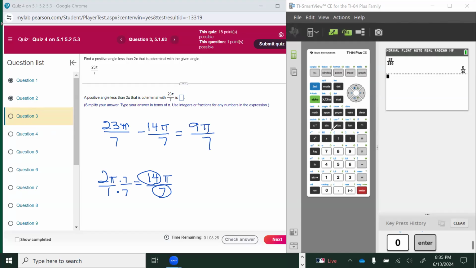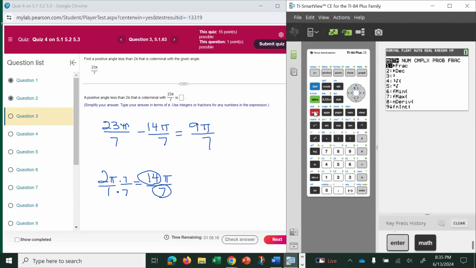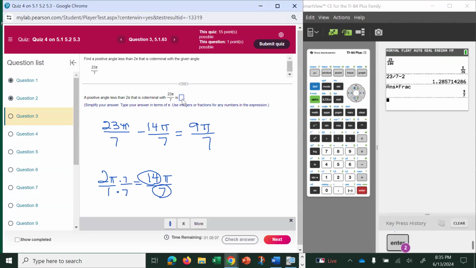You could also plug it into the calculator by doing 23 over 7 minus 2, go to math, fraction, and it'll simplify to 9 over 7, but you have to remember to put the pi back. I know that's less than 2 pi because 9 is less than 14. So I'm going to type in 9 pi over 7.